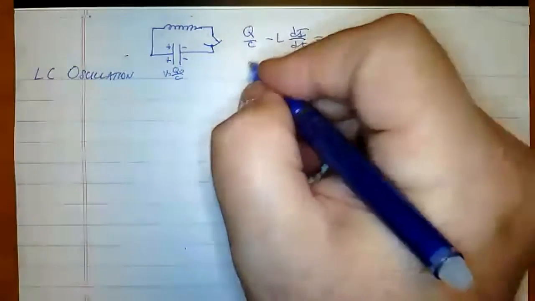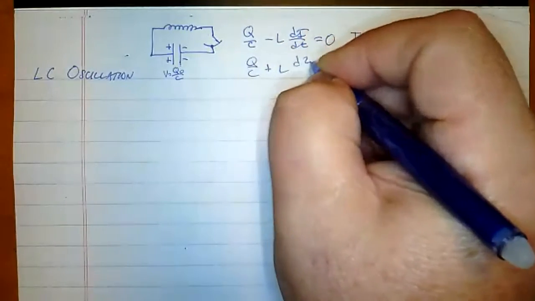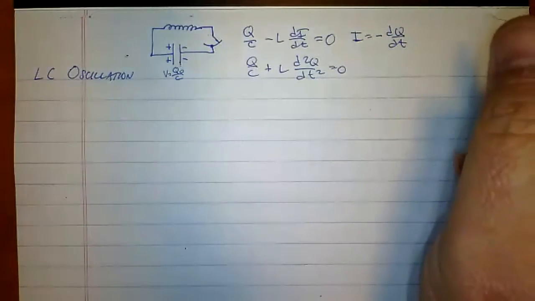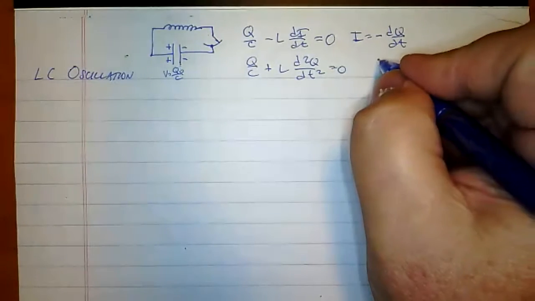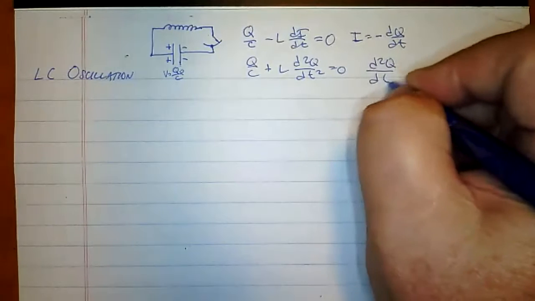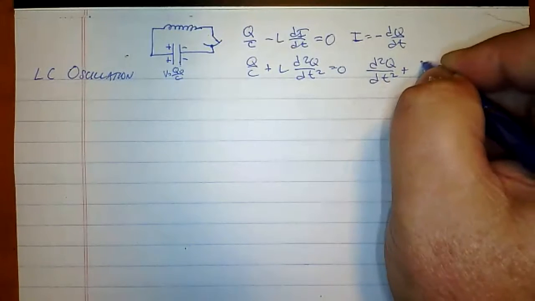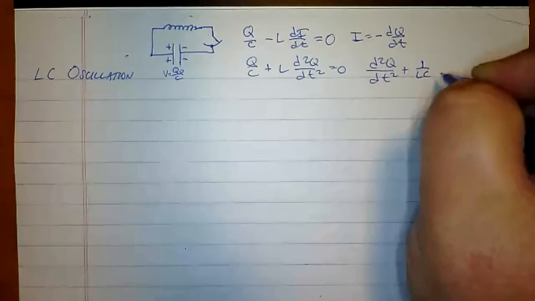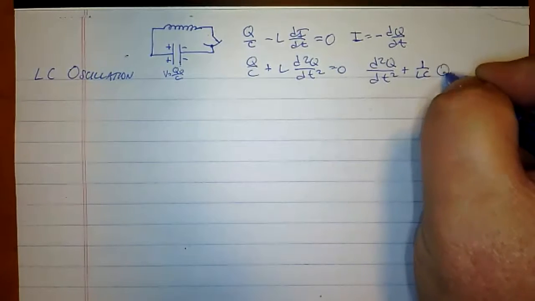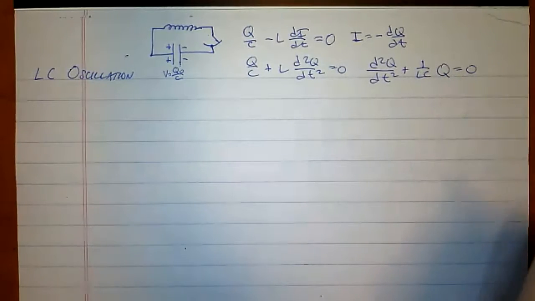Okay, so now I can get Q over C plus L d2Q over dt squared is equal to 0. Or to make it more pretty, d2Q over dt squared plus 1 over LC, there's another time constant, times Q is equal to 0.